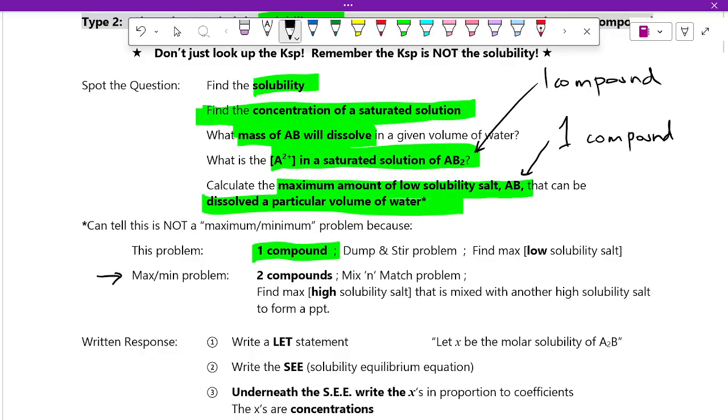In max-min problems, you're always adding how much of reactant CD can be added to reactant AB.